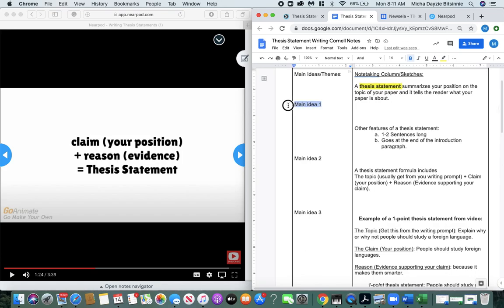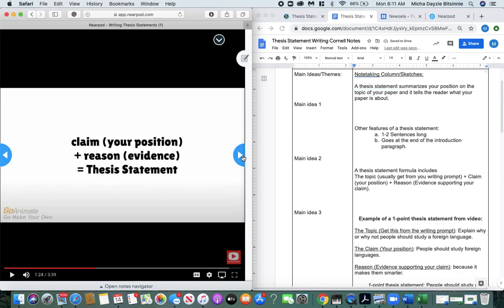So for my main idea right here, or you can write questions, I would put, what is a thesis statement? And you can move these about, right? For my question, I would bold, and then add the answer. So you have the opportunity to make these notes your own.